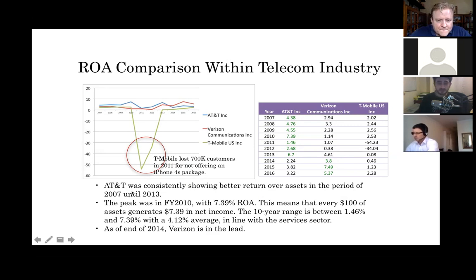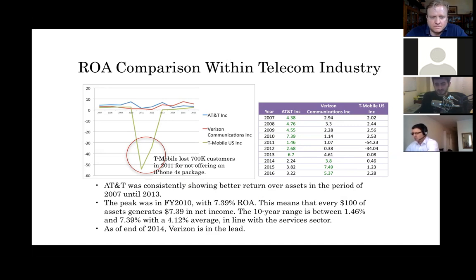You could see for T-Mobile that a small strategic mistake can be very costly in the long term, even though they came back, they needed to recuperate all the losses they made during that period.